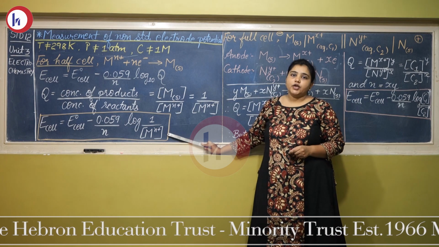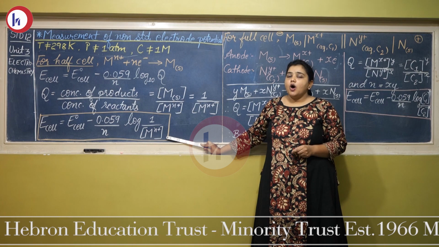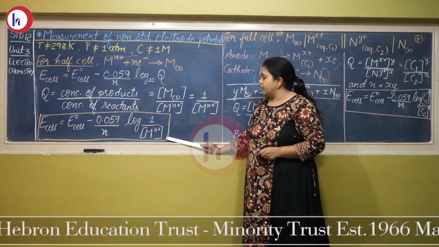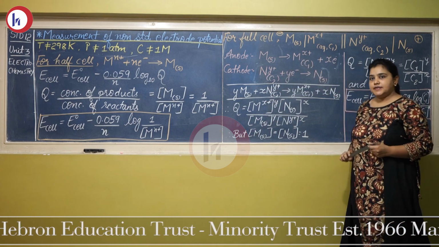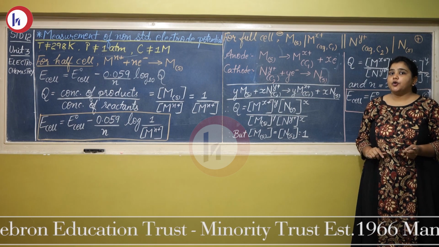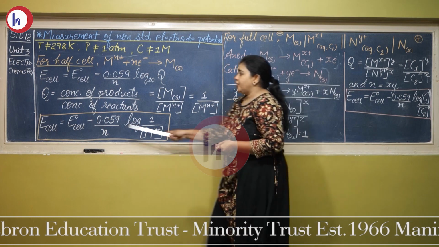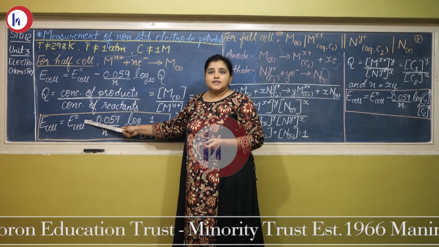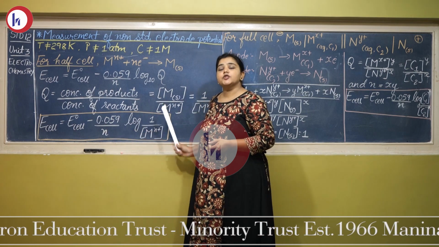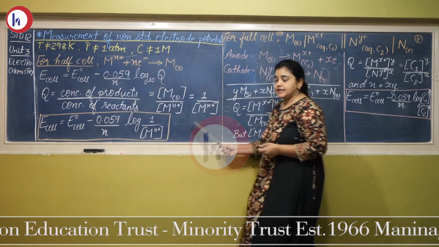This is the Nernst equation to calculate the non-standard electrode potential of a half cell. Now, how do you calculate the standard electrode potential? We have already studied the standard electrode potential of a half cell given in the EMF series. So, for any given half cell we can substitute the values, we will look in the sums later on, and we will get the value of E cell.